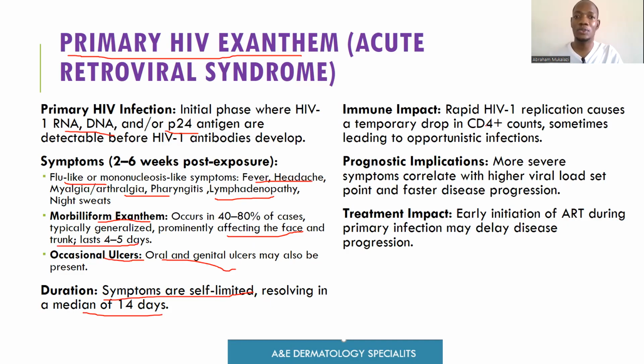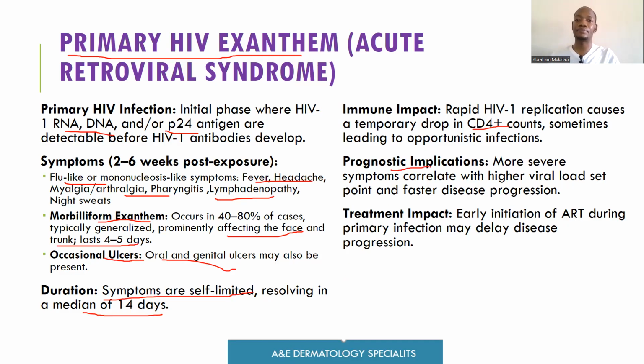If you do testing in this case, there's usually a rapid, temporary decrease in the CD4 count. If it is so rapid, some people can even get opportunistic infections in this period, though rarely. After that, the immune system tries to stabilize, and then we enter the clinical latency phase.